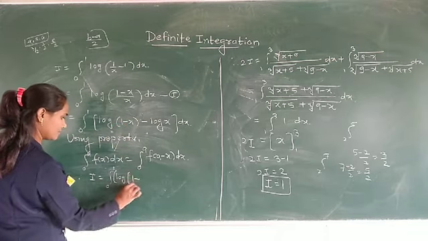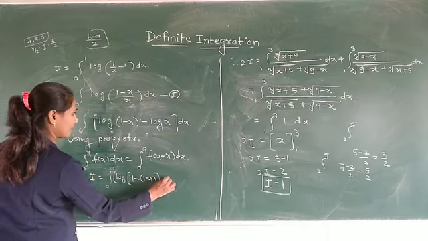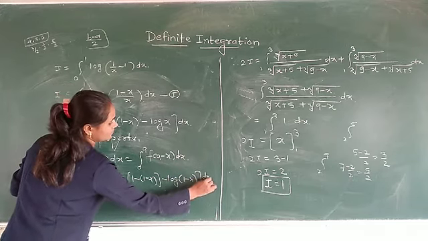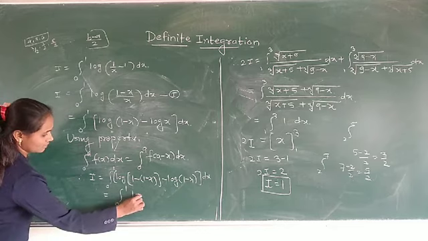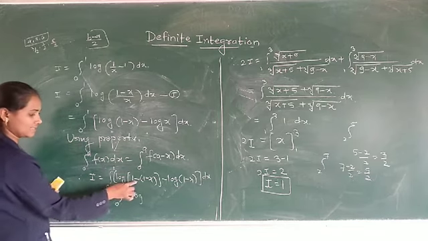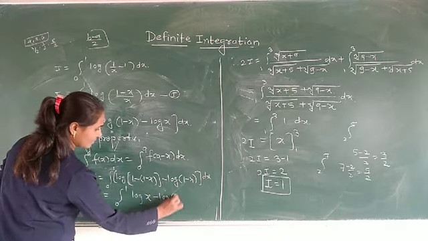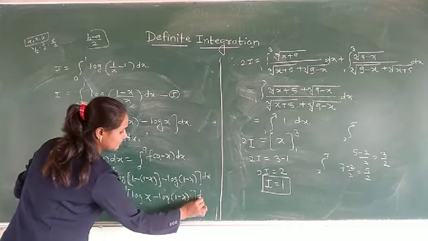Integration from 0 to 1 of log of x minus log of (1 minus x) dx, since 1 minus 1 cancels and the minus minus becomes plus.